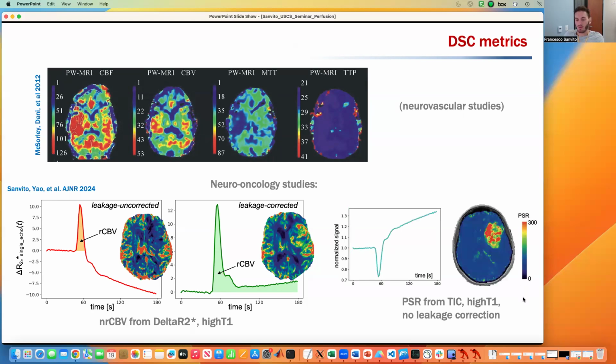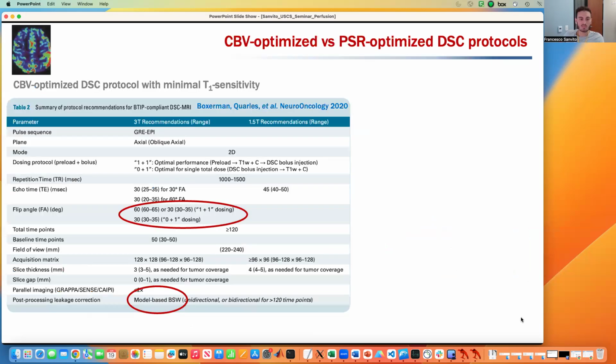And the other map that we talked about is PSR, for which we actually quantify to some extent these T1 leakage effects compared to the baseline, and we calculate the PSR, which in this lesion would be, I don't know, 120% or something like that.